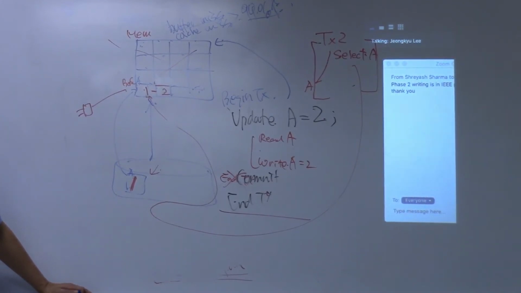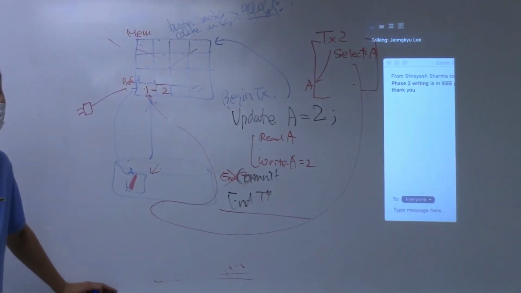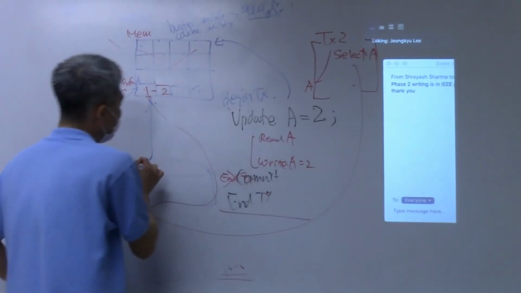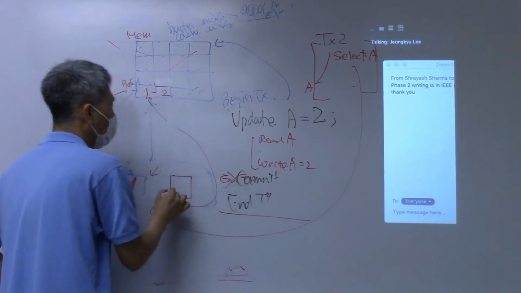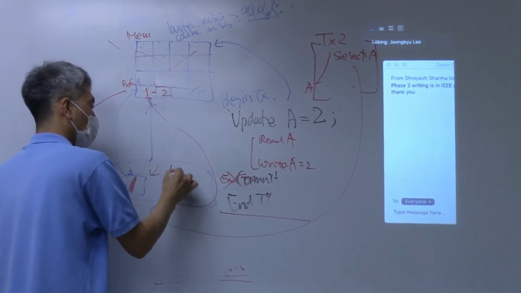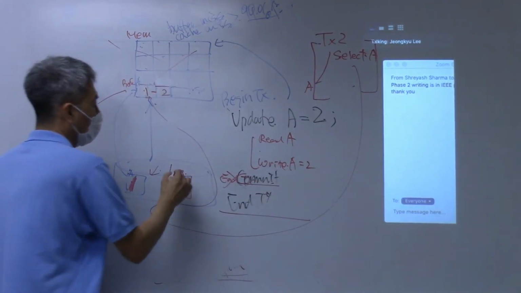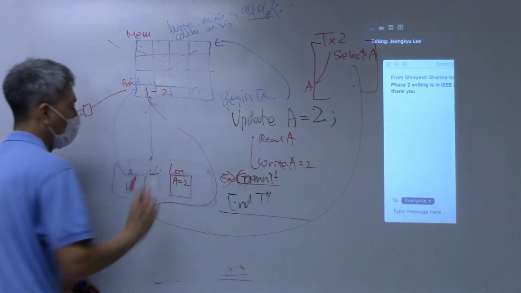This is called unrobust. It's not a durable system. We need to make a durable, reliable system. Commit is a permanent apply, but because of deferred writing, we may lose data. Because of that, we have the log file. So when we commit the transaction, the log file has the information that A is right now 2.